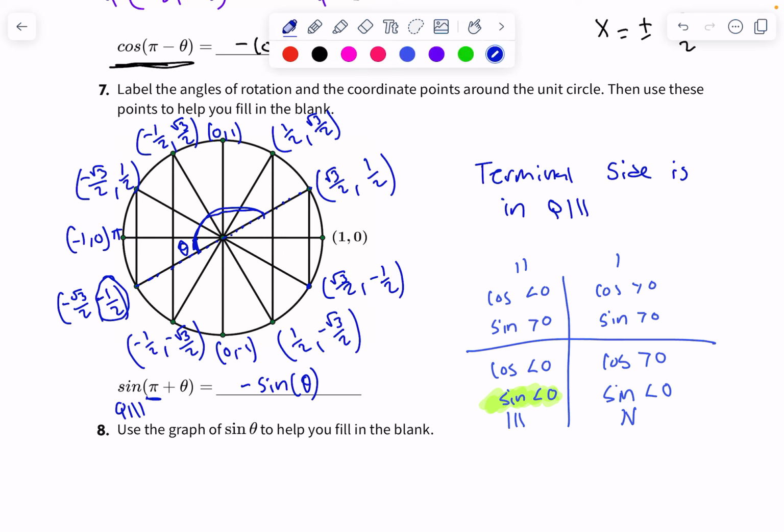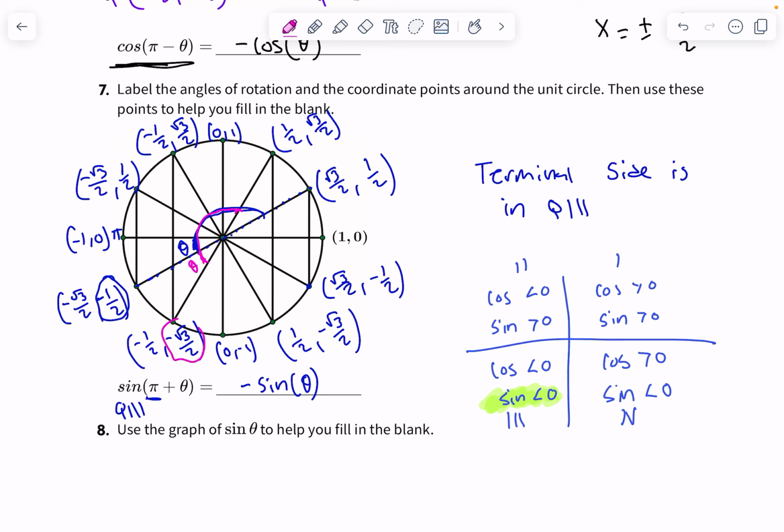Okay, let's see this with a different one. If this is my theta here, my angle of rotation, if this is all theta, that means it comes from where? From here.